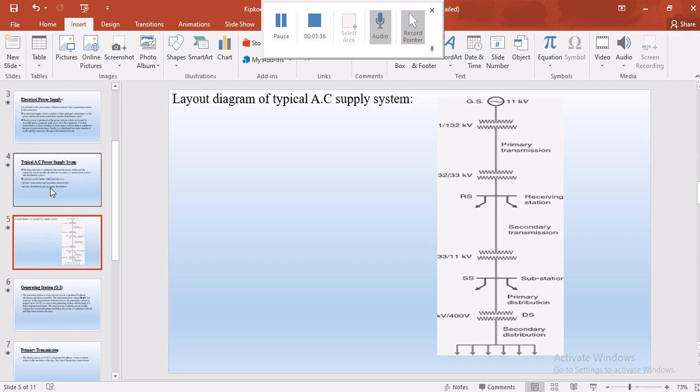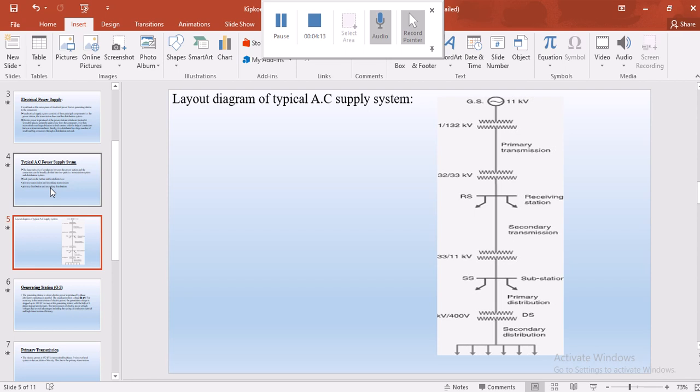From our diagram, we have the generating station. The power is normally generated at a voltage of 11 kilovolts. It is later stepped up to 132 kilovolts with the help of step-up transformers. Then it is transmitted to the receiving station, that is the national grid station. At the receiving station, it will be stepped down to 33 kilovolts, then transmitted again to the substation at 33 kilovolts.